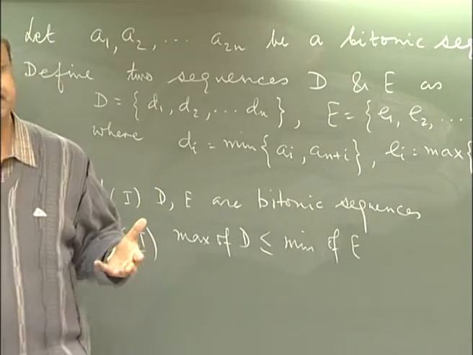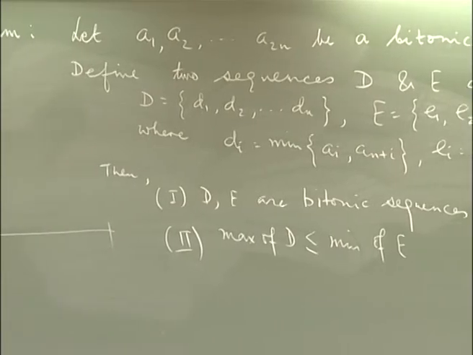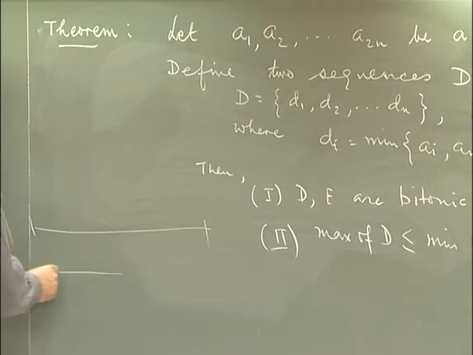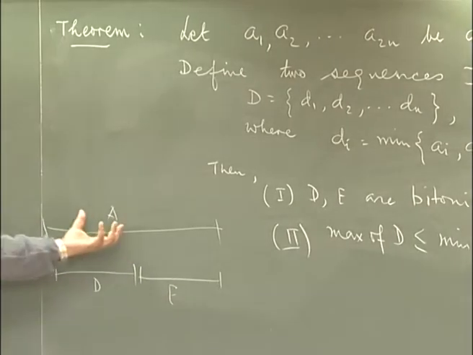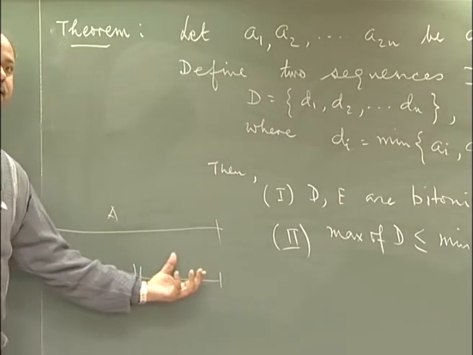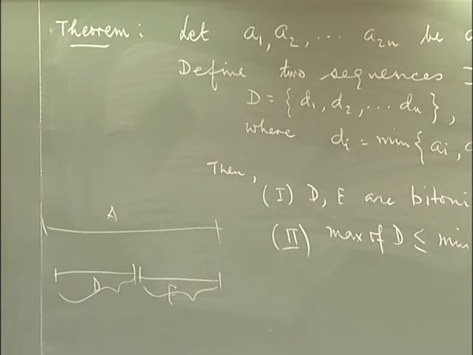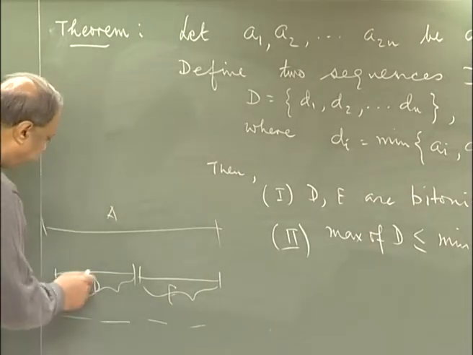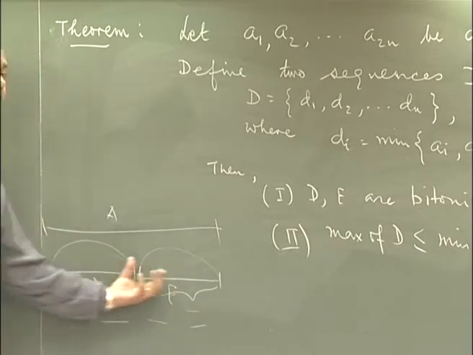Then D is a bitonic sequence, E is also a bitonic sequence, and the maximum of D is less than equals to the minimum of E. Now, in what way can this be used for sorting? From sequence A, you make the two sequences D and E. Recursively you do the bitonic merge on each, and every time these elements are smaller than those elements.